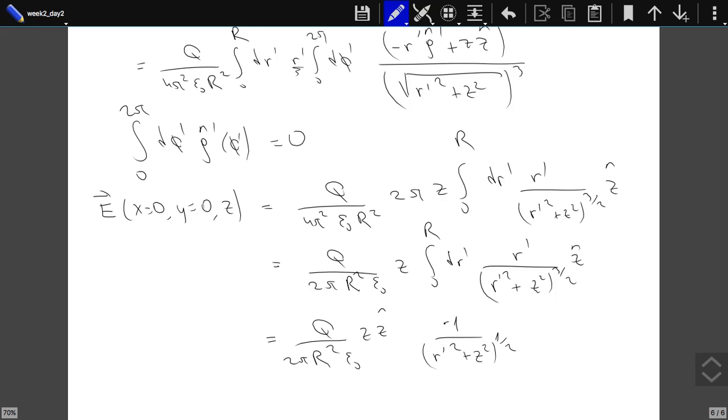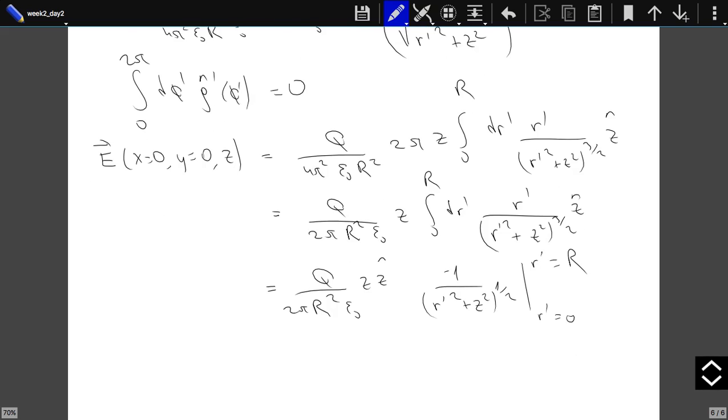Since it's a total derivative, well, the integral of a total derivative of a function is the difference of that function evaluated at the boundaries. Sure. But since there is a nice r prime over there, it's easy.